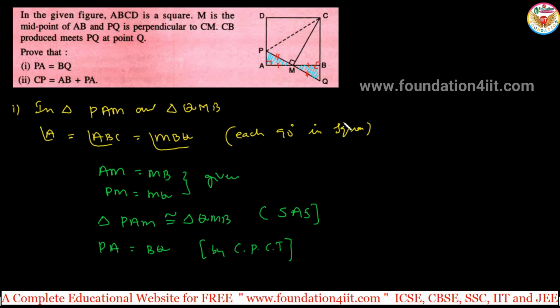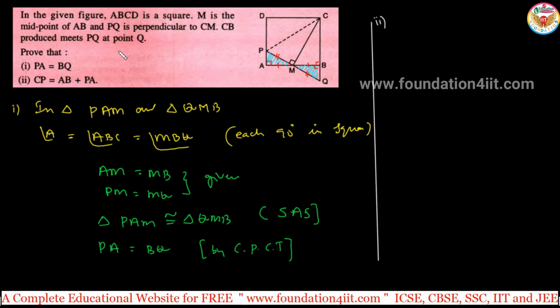So this is one. Similarly, this is the second part. Observe this. CP is equal to AB plus PA. PA is this. So we should prove the sum of this.